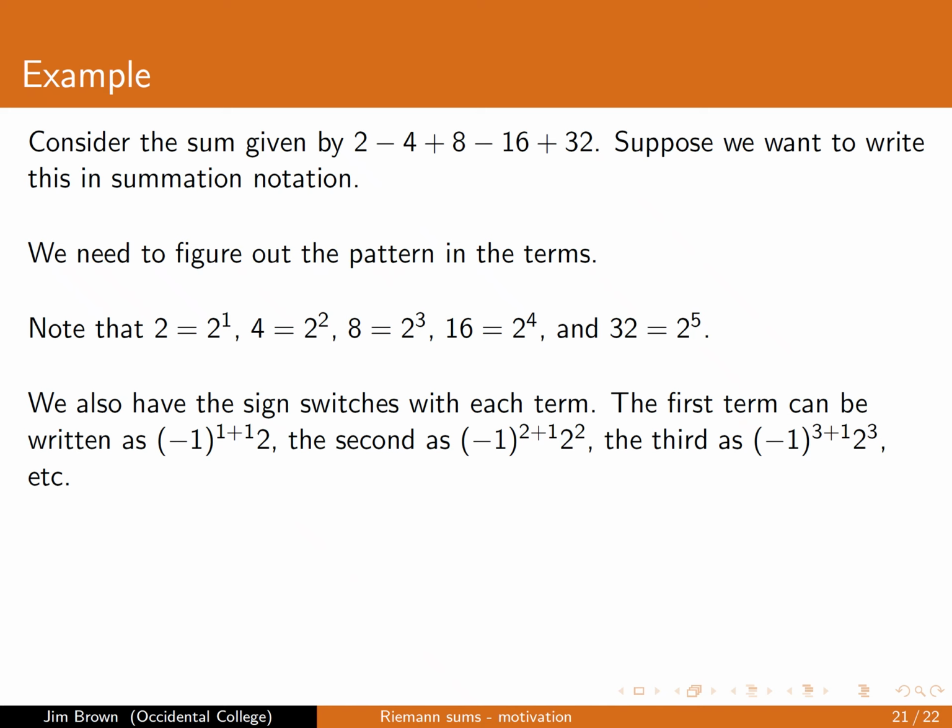Third term is minus 1 to the 3 plus 1. So we see if we're thinking of this as 2 to the j, the term out front is minus 1 to the j plus 1. And that works for every single term in our sum. So we can rewrite this sum as the sum from j equals 1 to 5 of minus 1 raised to the j plus 1 times 2 to the j.